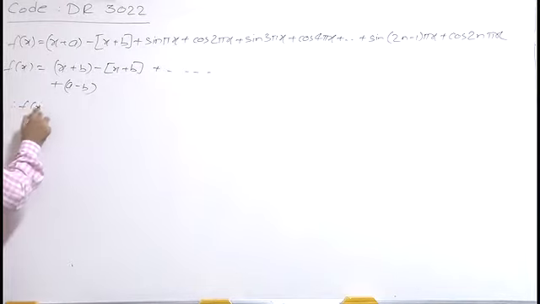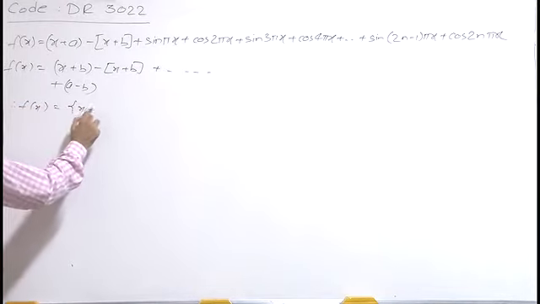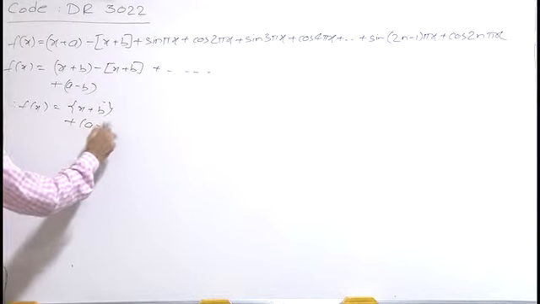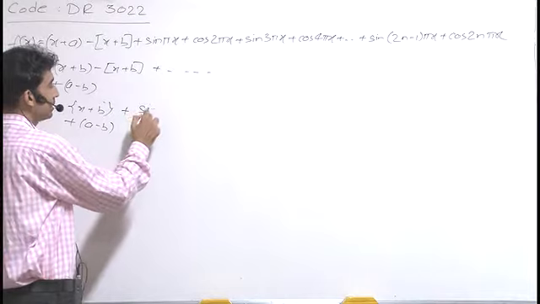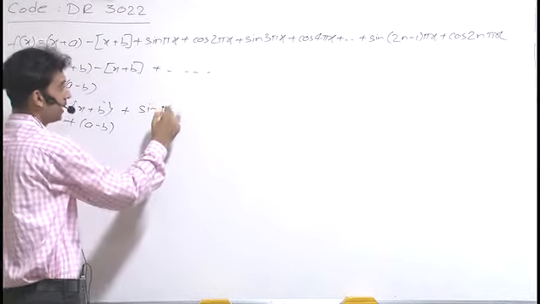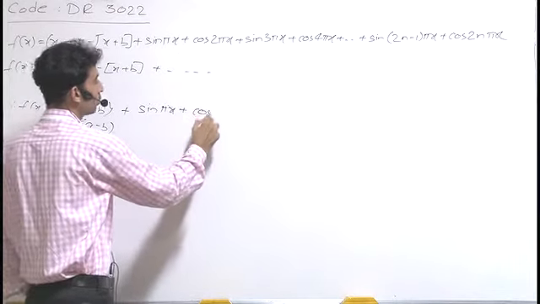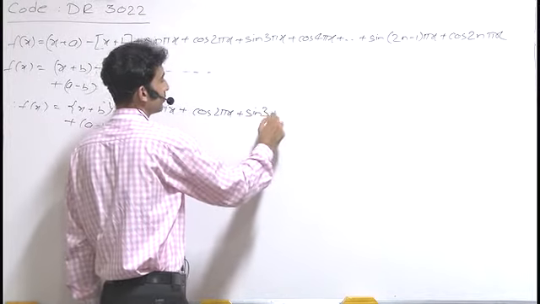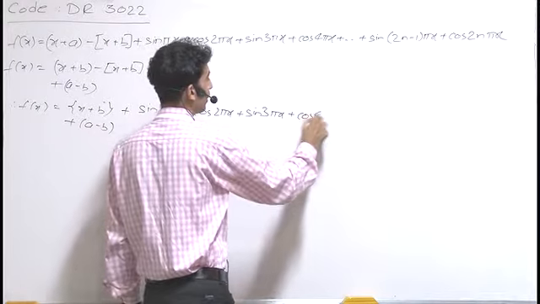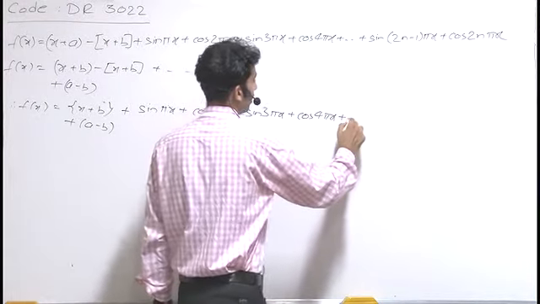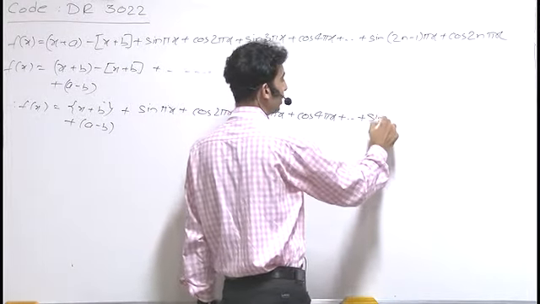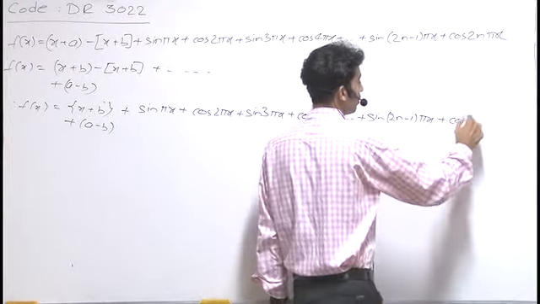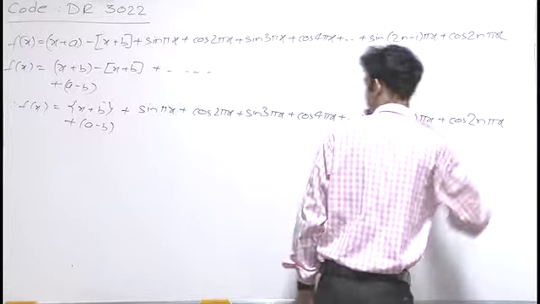Now f(x) will become the fractional part {x + b} + a - b + sin πx + cos 2πx + sin 3πx + cos 4πx up to sin (2n-1)πx + cos 2nπx.